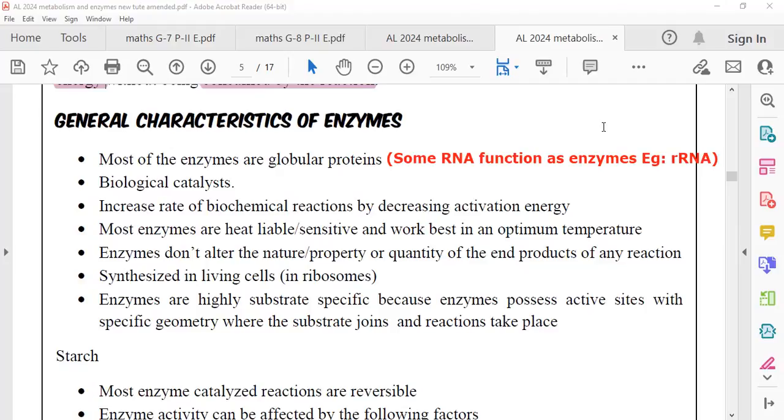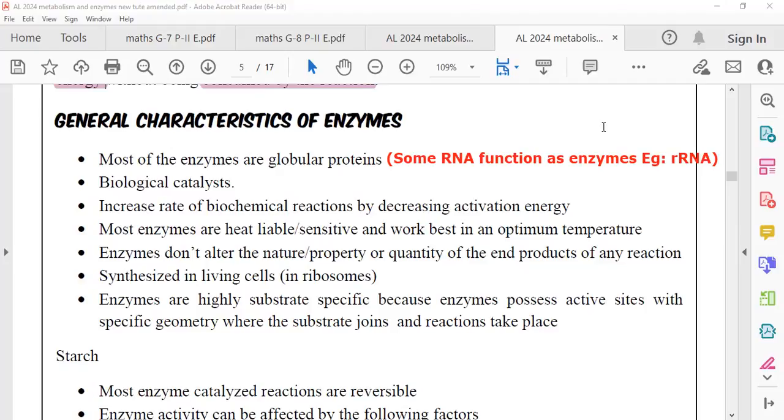Now, starch and water will react. That reaction will give you maltose. What is the product of reaction between starch and water? Maltose. If you mix starch and water, maltose will be formed.